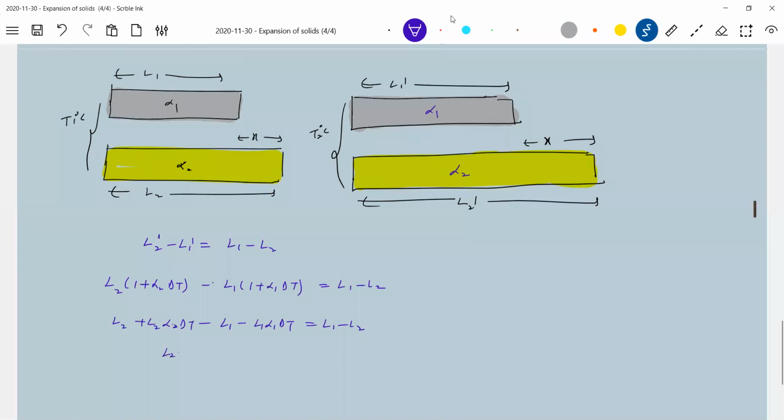So finally, what do we get? If this condition is satisfied, L2 by L1 equals alpha 1 by alpha 2, and the distance between them will remain constant.